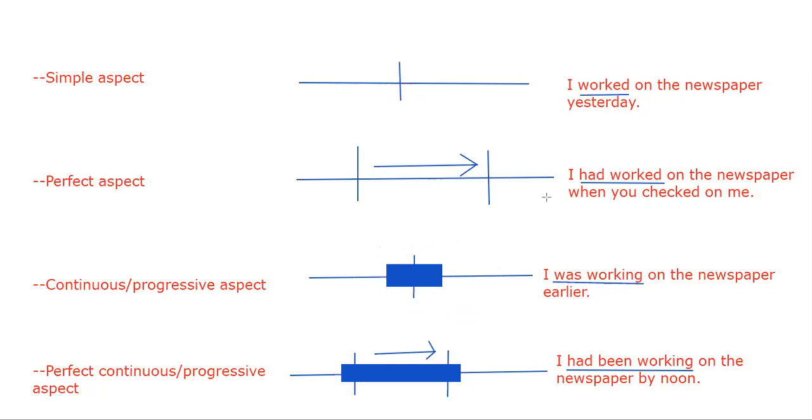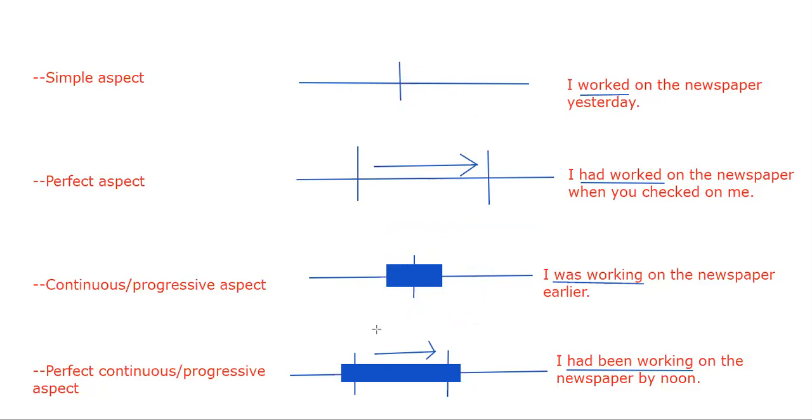It could have been completed, or it could have been incomplete. But the difference here is that it implies a lengthy process compared to this one, where it's like, I worked on a newspaper yesterday, but this one is like, I was working on a newspaper earlier. So it implies a longer, lengthier action, if that makes sense.